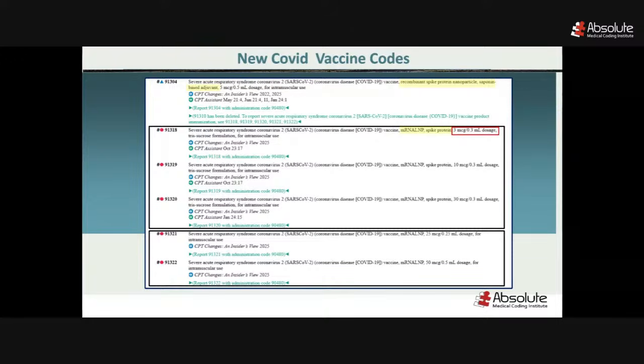So remember, coders, always pair the product code with 90480 for intramuscular administration, and verify the exact dose and formulation before coding. All the older COVID-19 administration codes have been deleted, so only use 90480.